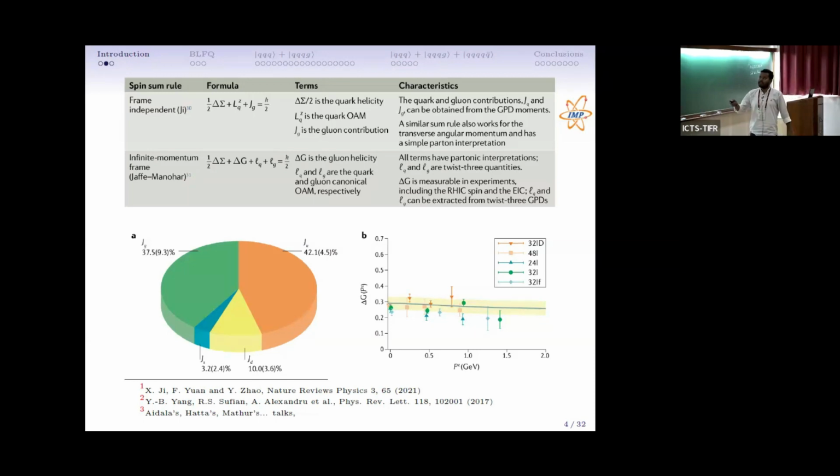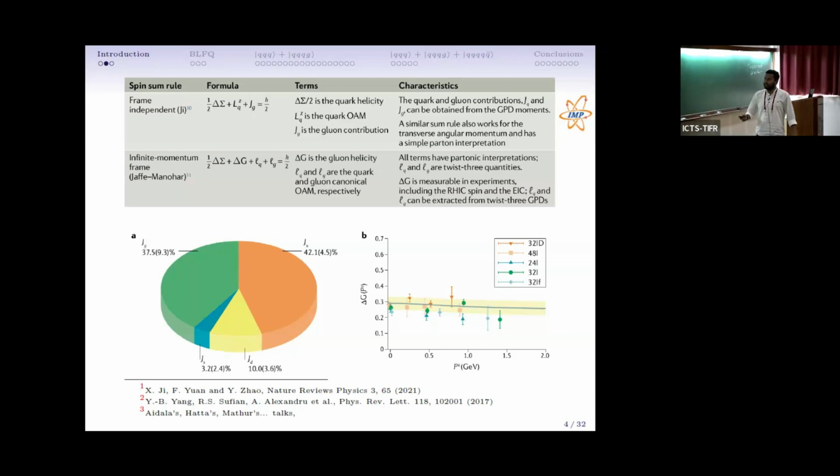Another decomposition is the Jaffe-Manohar decomposition. There are a lot of talks on this in this workshop. There are four components: gluon spin, gluon orbital angular momentum, quark spin, and quark orbital angular momentum. The problem is that this is the canonical orbital angular momentum. To calculate these things, you need some higher-twist operators, or higher-twist GPDs.